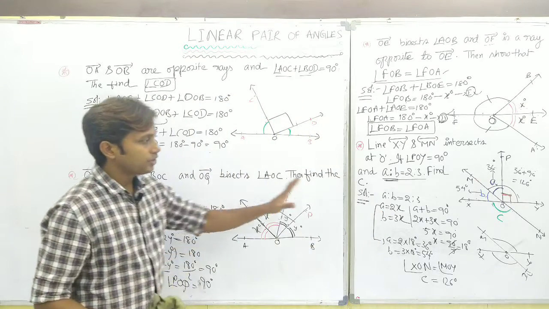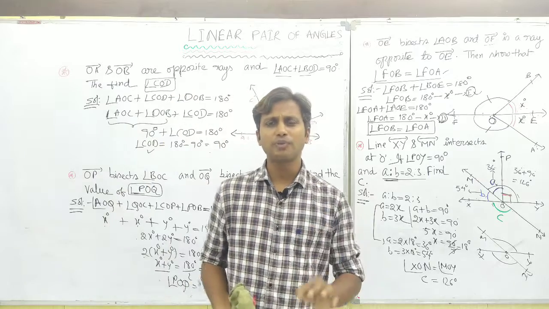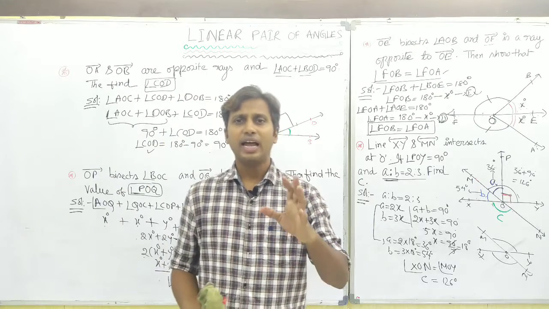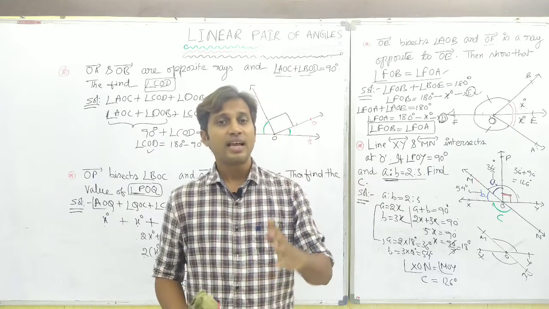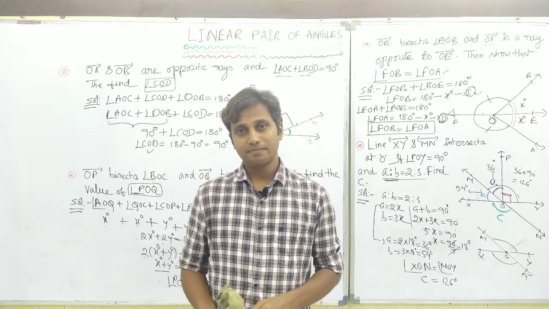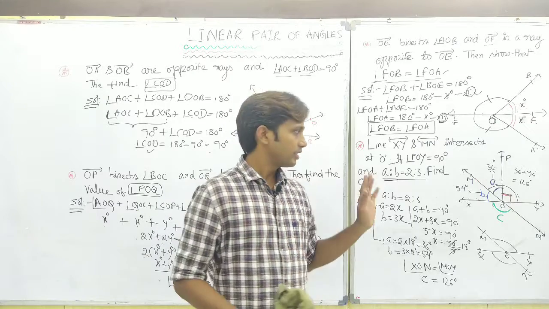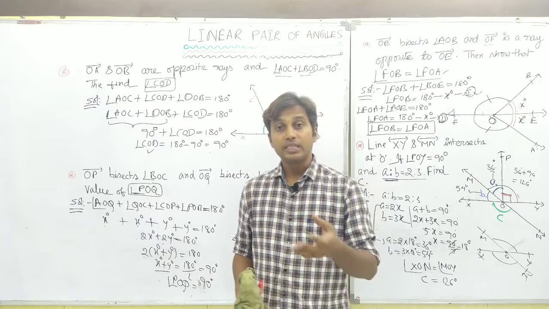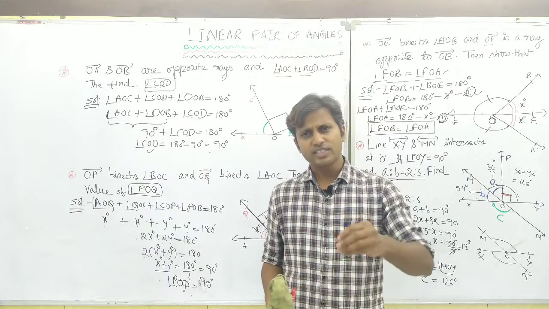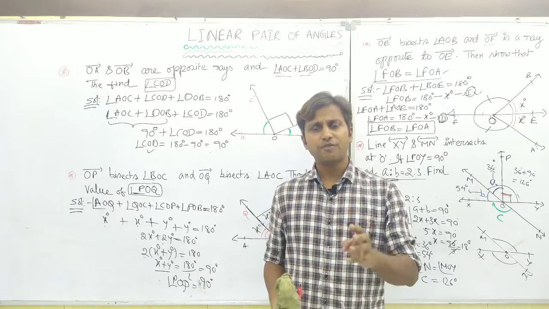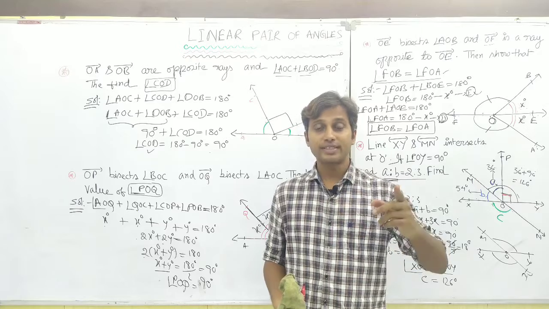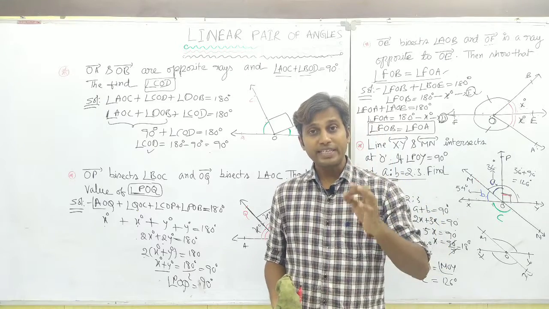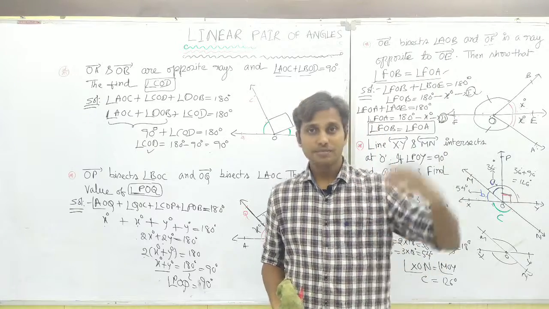I hope you have understood these four problems, how to solve problems based upon linear pair, vertically opposite angles and straight angles. Got it? So this is the smallest exercise. In our next video also we are going to come up with another exercise on the same linear pair, because we have to solve at least one or two exercises to understand linear pair completely at a better level.